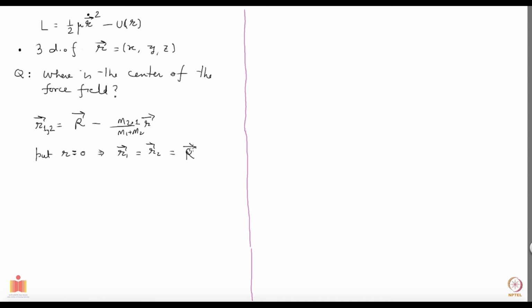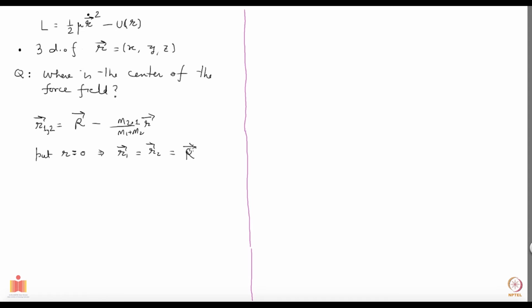The first point to note before we can make some progress is that we have a central field, meaning only the radial separation matters.